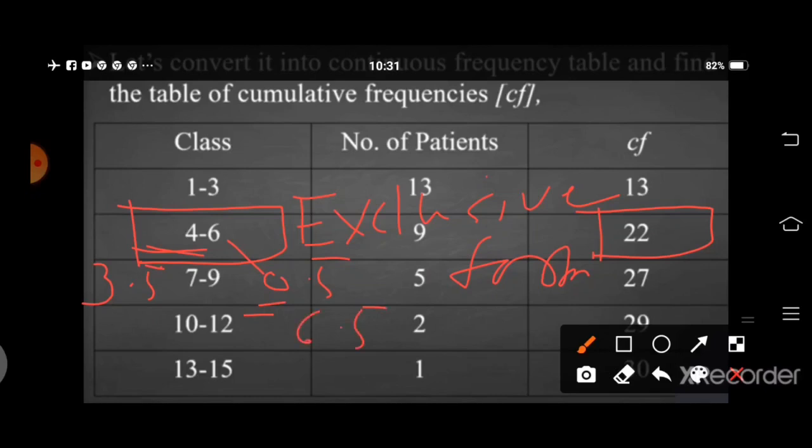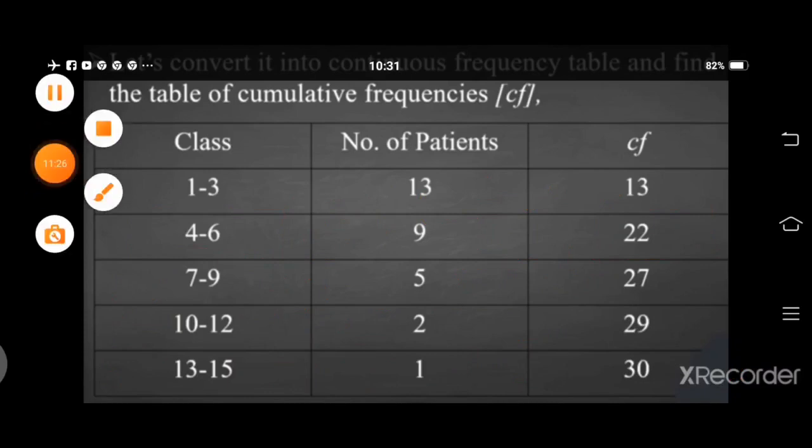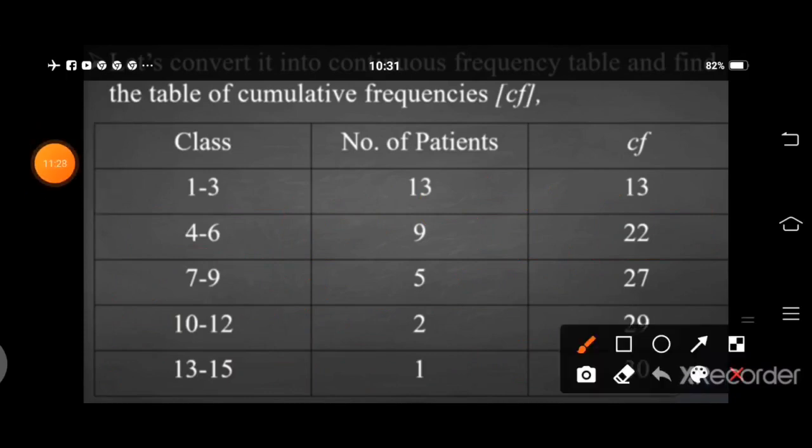So our exclusive class would be 3.5 to 6.5. So our lower boundary point is 3.5, then class length is 6.5 minus 3.5, class length 3, then frequency 9, CF 13.